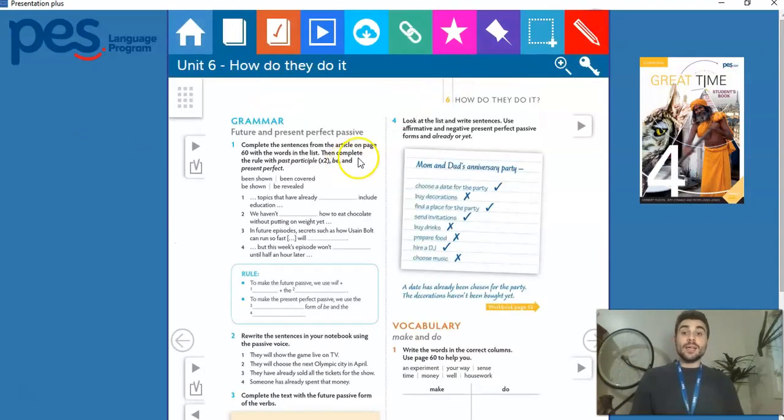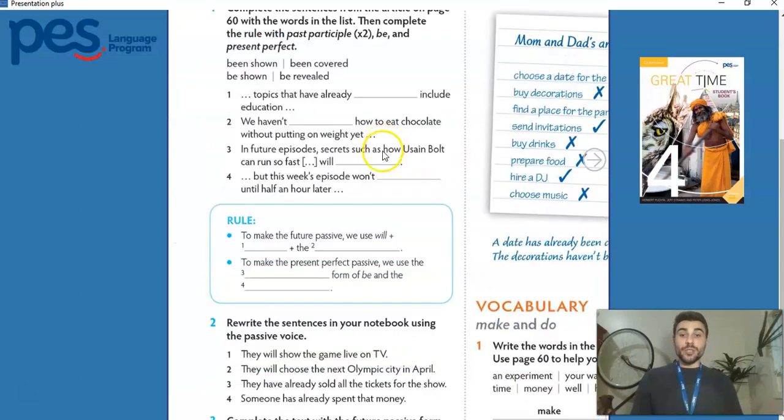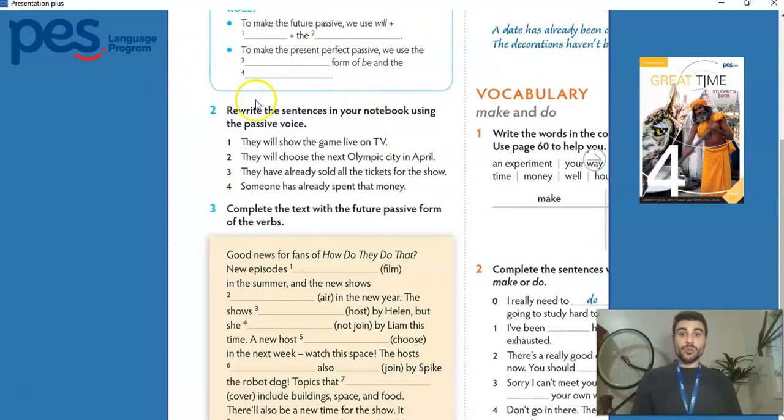Coming back here, for those who have their books, we're going to work with exercise 2. In exercise 2, you need to do the following. You have to rewrite the sentences in your notebook using the passive voice. So, sentences 1, 2, 3, and 4 are in active voice, and you need to change them into the passive voice using the same ideas that we have just seen.